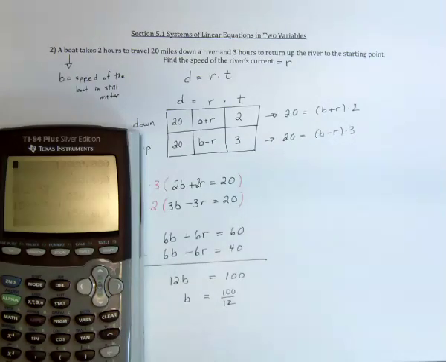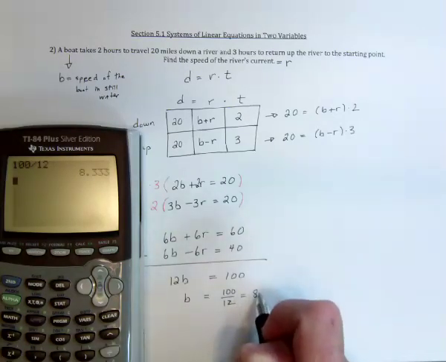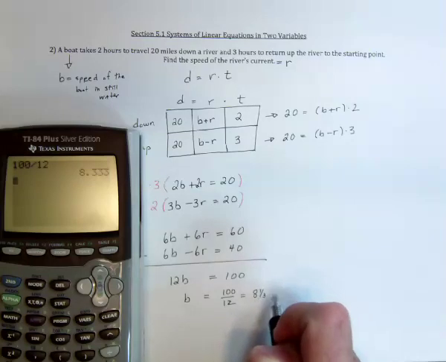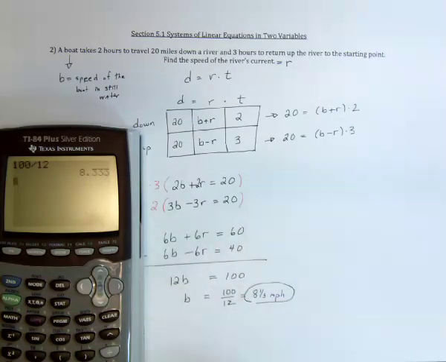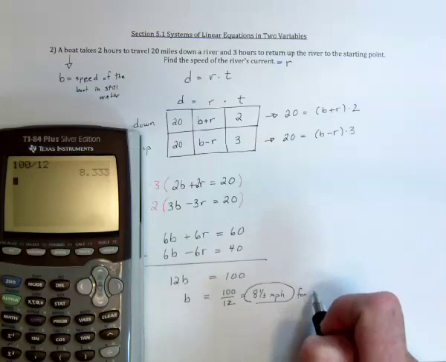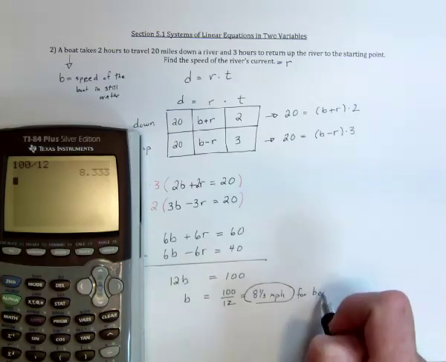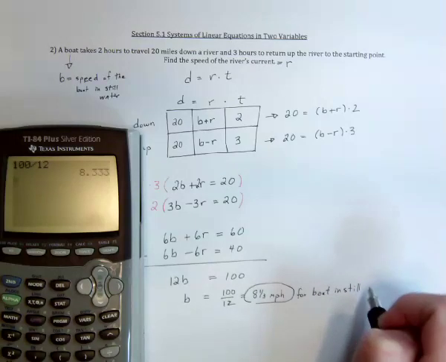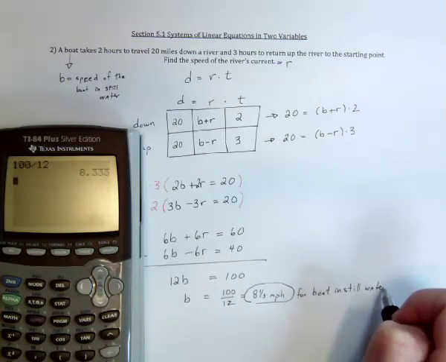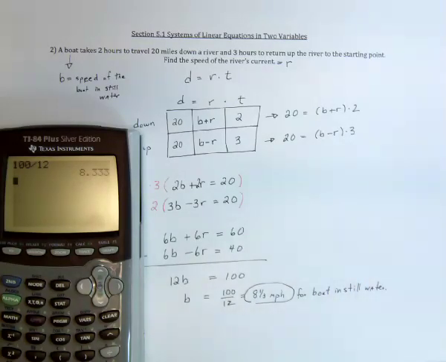By itself it would be going 8 1/3 miles per hour. Which is wonderful, but that's not what was asked for. What was asked for was the r.